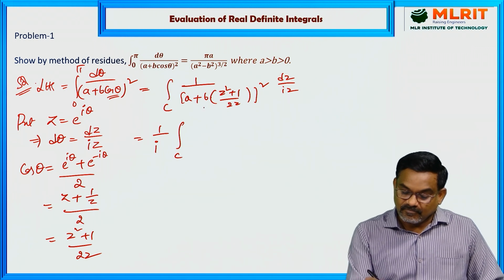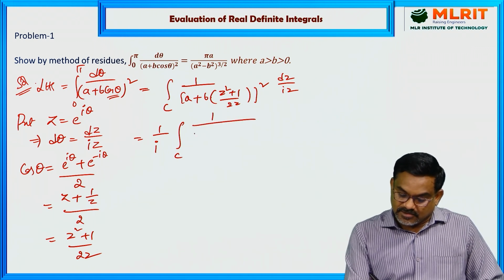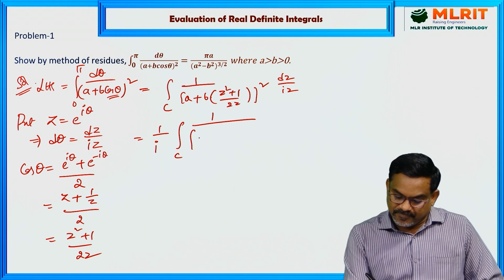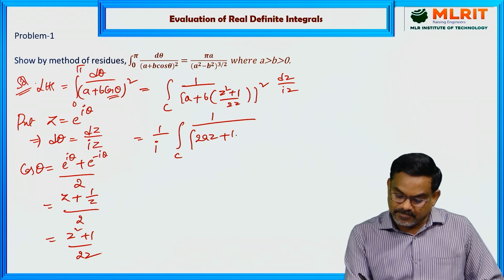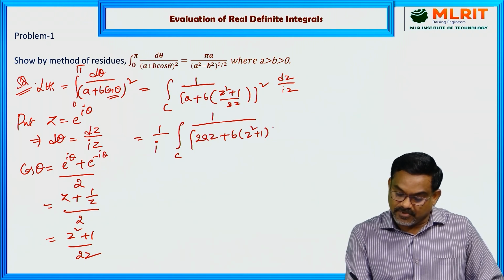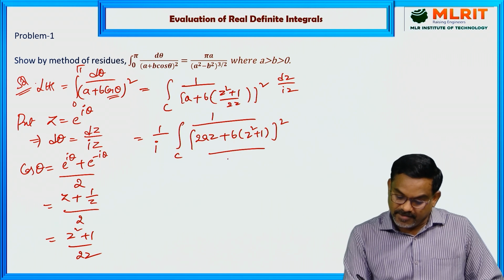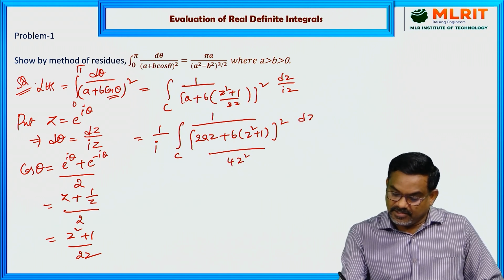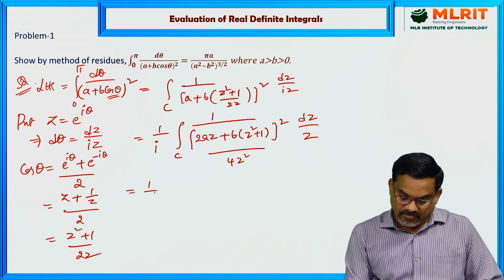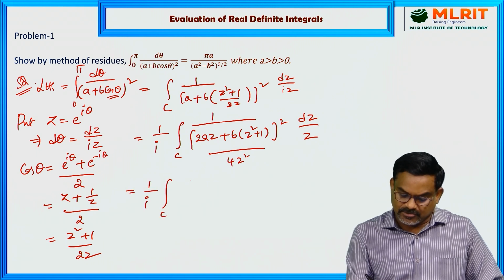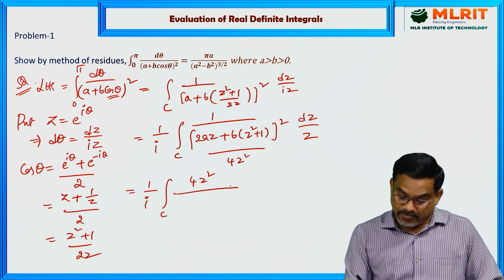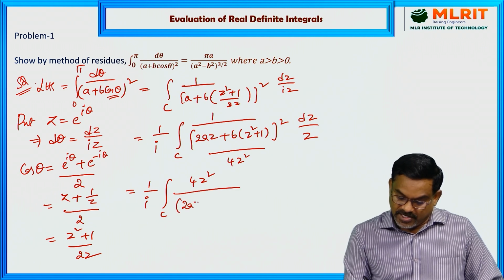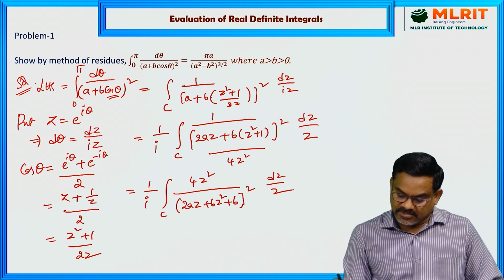Then, taking the LCM, (2az plus b into (z square plus 1)) whole square by 4z square, and dz by z. So 1 by i into this, 4z square comes to the numerator: 4z square by (2az plus bz square plus b) whole square, dz by z.